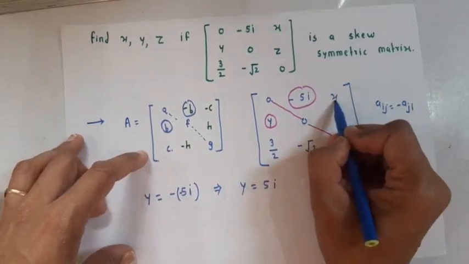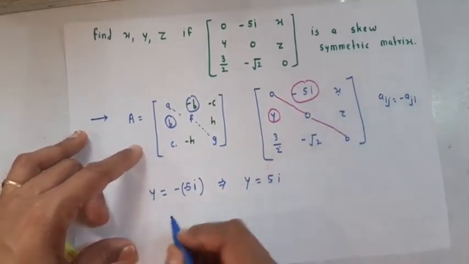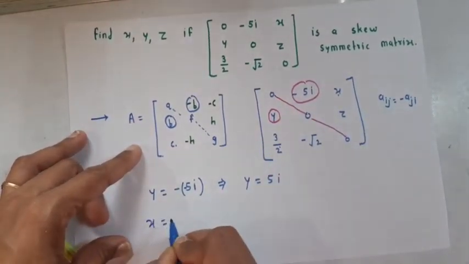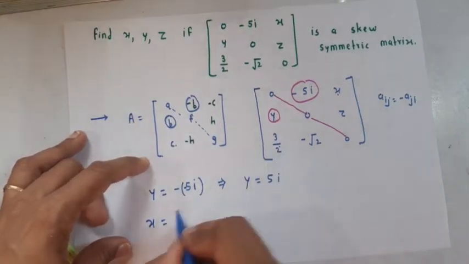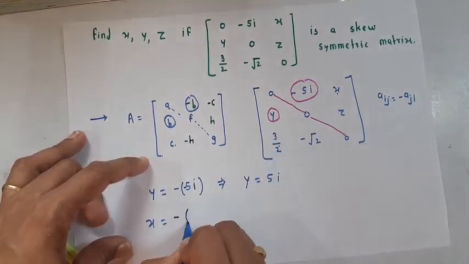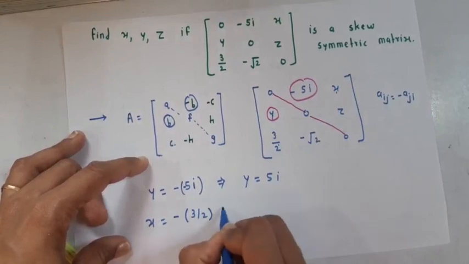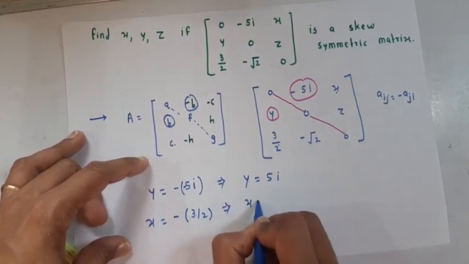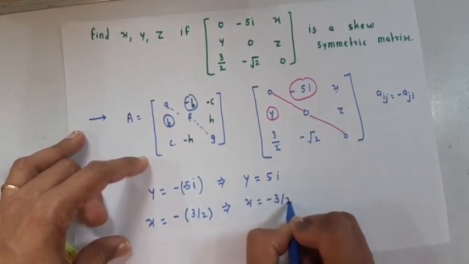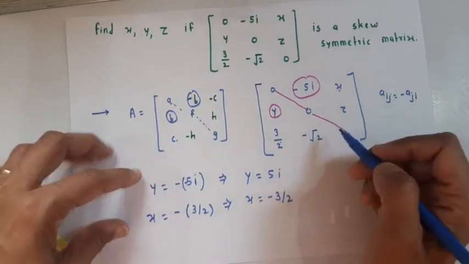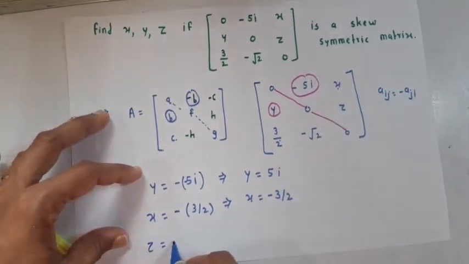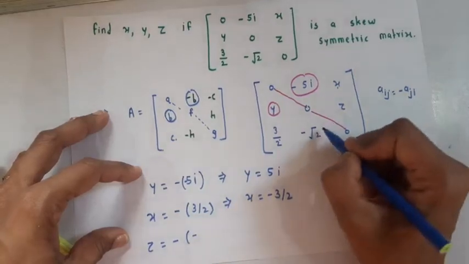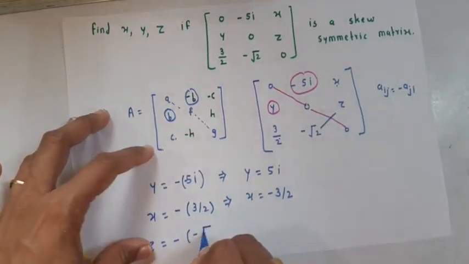So this x number is negative of this number, means x equal to minus 3/2. The numbers are negative of each other, and z equal to minus this number, that is √2.